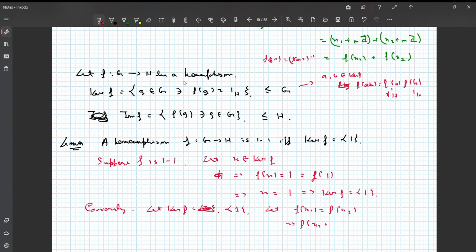This implies f(x1) f(x2) inverse is equal to 1, by right multiplying with f(x2) inverse on the left hand side. That implies x1 x2 inverse must be in the kernel of f. But the kernel of f is only the singleton 1, right? So x1 x2 inverse must equal 1, and that means x1 must be equal to x2. So we have proved the statement. Clear?